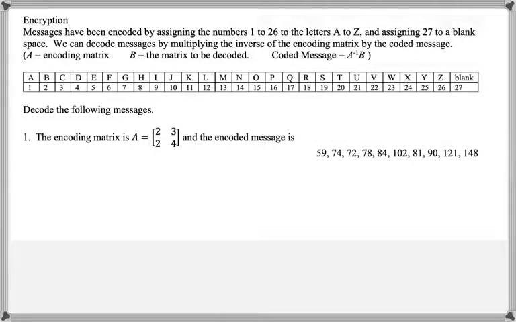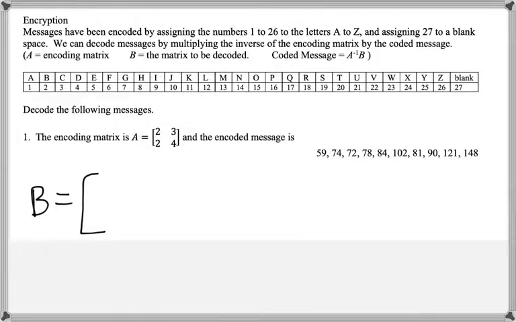Next I need to make matrix B, and I need to make matrix B have 2 rows in order for this to work. It needs to have 2 rows because the encoding matrix is a 2 by 2 matrix, and for the matrix multiplication to work out, B needs to have 2 rows.